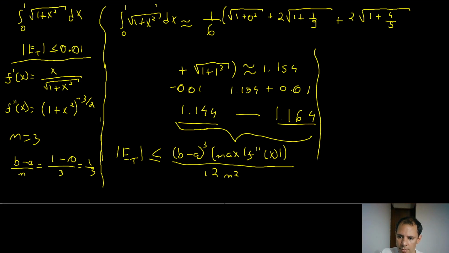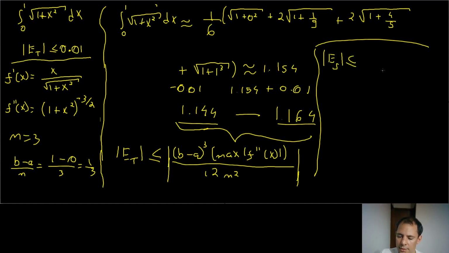And for Simpson's rule, all of this has to go into the absolute value. Why? Because b minus a cubed, well, b is always going to be larger than a, so cubing it, it's fine. All this is going to be positive. Okay, so the maximum error for Simpson's rule, the absolute value, right?